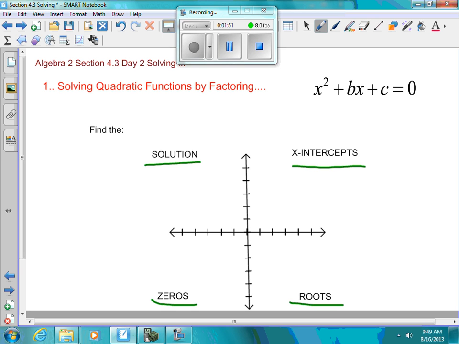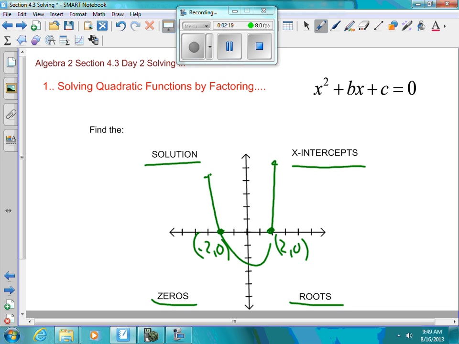We're looking for points. Draw a parabola here. We're looking for points for all of these where the values cross the x-axis. That's what we're looking for here. So in this case, our zeros would be 2 and -2. Our x-intercepts would be (2, 0) for that one, and (-2, 0) over here.